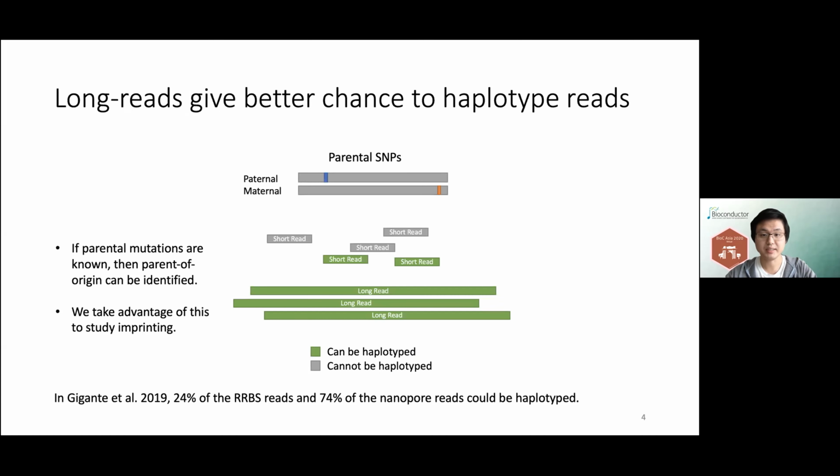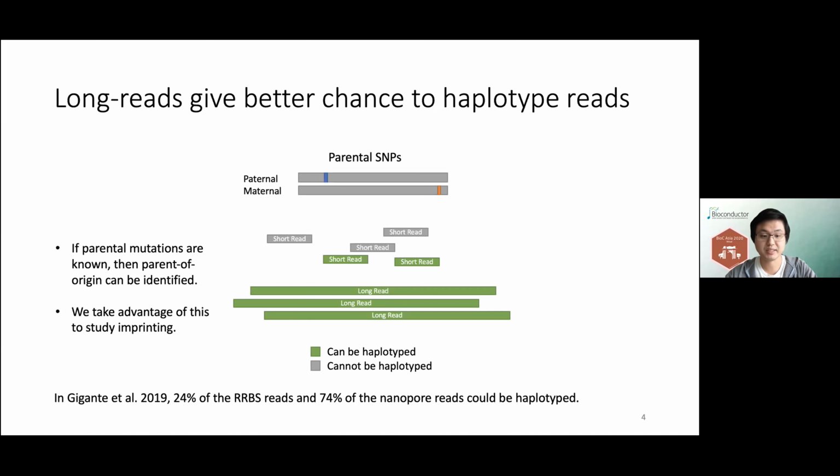To detect the haplotype of a read, we need our read to overlap a parental SNP, these parental mutations where we know which parent it belongs to. With short reads, the chances of overlapping these parental SNPs is quite low, whereas with long reads, the chances are much higher. And this allows us to have a much higher proportion of reads that we can haplotype.